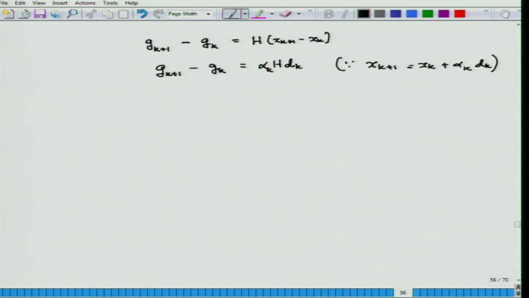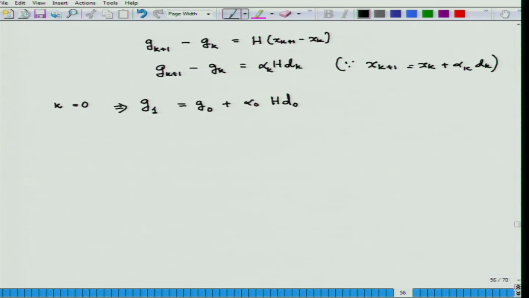Now, let us see what this shows. If I put k equal to 0, then I will have g 1 for k equal to 0. It implies that g 1 is g 0 plus alpha 0 h d 0. g 1 is a linear combination of g 0 and h.